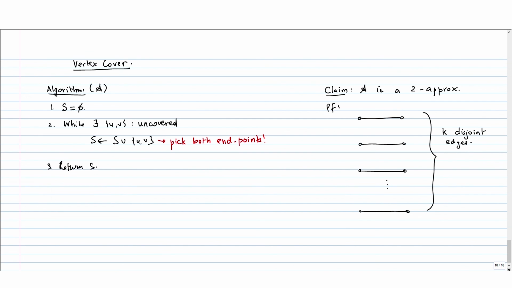Suppose the graph had k disjoint edges. Suppose in the graph you could find k disjoint edges that do not share a vertex. So, if G has k disjoint edges, then the optimal solution is at least k.